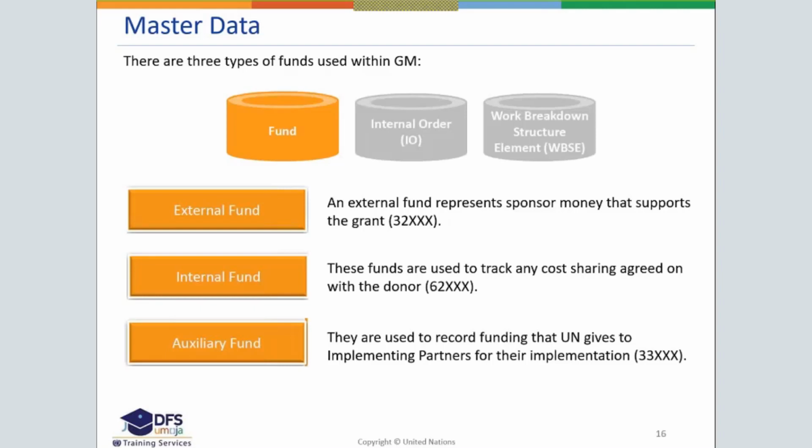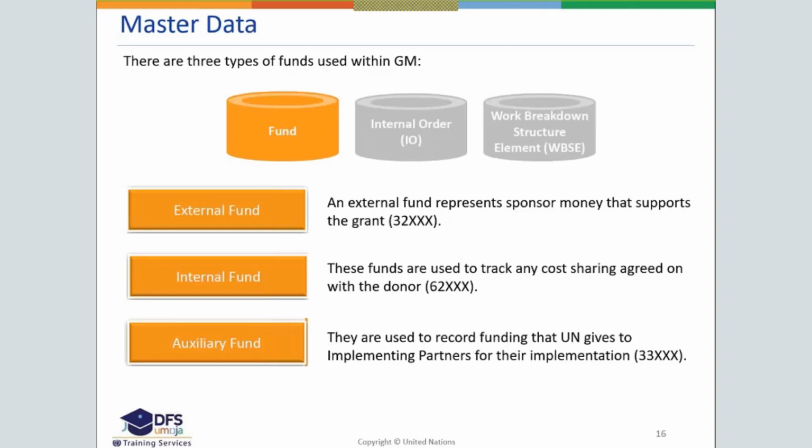For example, just for your knowledge, UN direct cost recovery funds are also internal funds, and auxiliary funds are used to record funding that UN gives to implementing partners. So if we have an implementing partner, we will have an auxiliary fund in place, always a 33 fund.